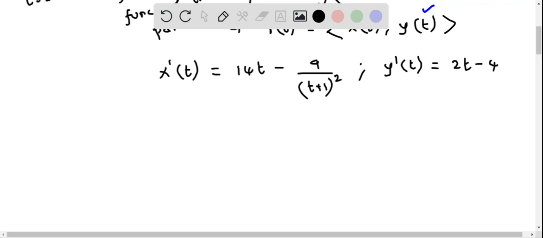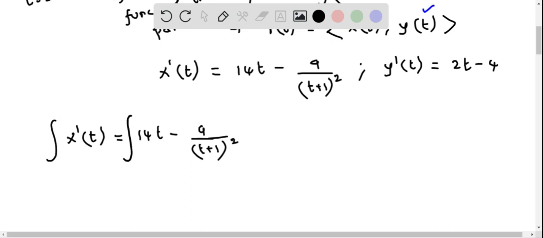Now here we have this x prime of t. I'm going to copy this and we will do the integration, so that we will get x of t. This is 14t minus 9 by t plus 1 quantity square, and I'm going to integrate both sides with respect to time, that is with respect to dt.